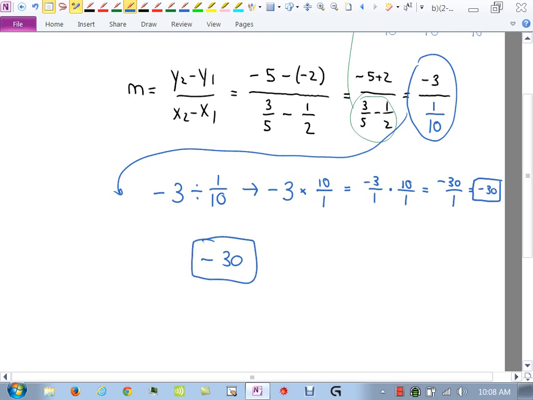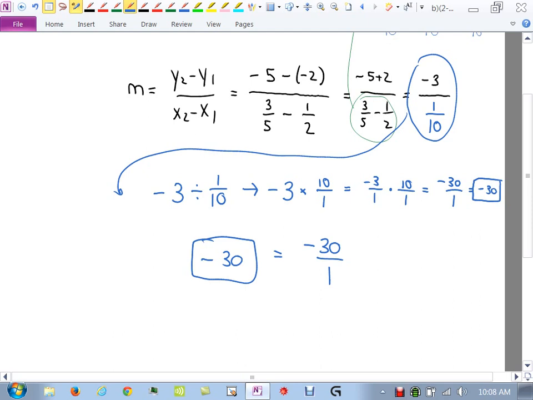What's your rise and what's your run? See, this is the tricky part. If your answer comes out to be a number like this, you might be a little confused as to what your rise and run is. But just go back. -30 is the same as -30 over 1, isn't it? So what's your rise here? If I'm trying to get from one point to another, what's my up and down, which one is it, up or down? Down how much? 30.